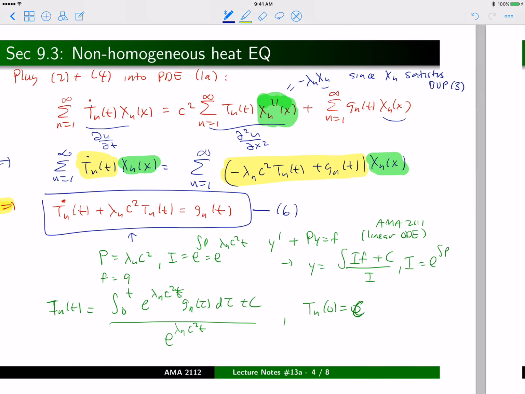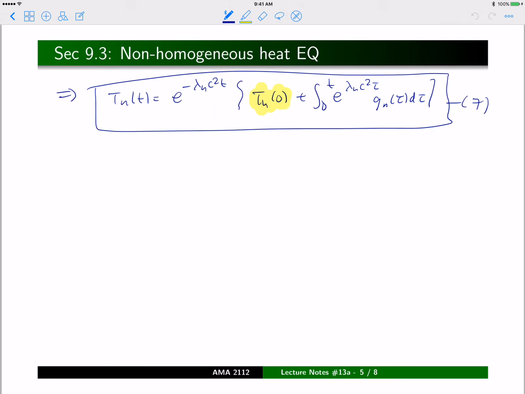So from initial condition 1c plus expansion 2, we have u of x and t, this is going to be the summation from n equals 1 to infinity of Tn of 0 Xn of x, but this is just equal to f of x.